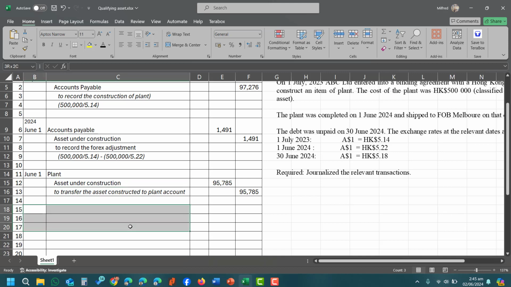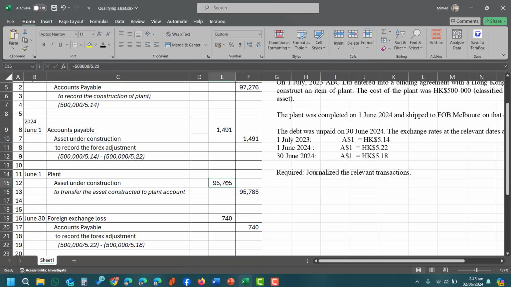Now the year end comes. So to record that, debit foreign exchange loss and then credit accounts payable. The question is, what happens here?